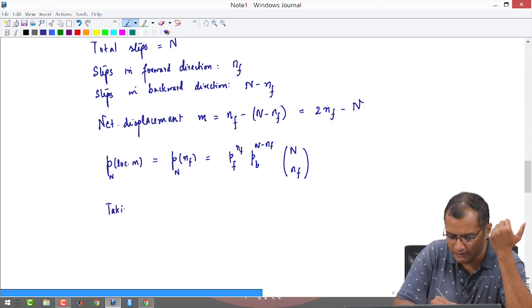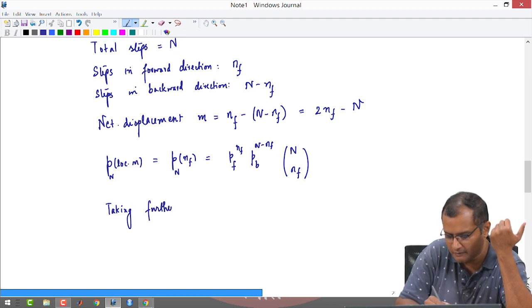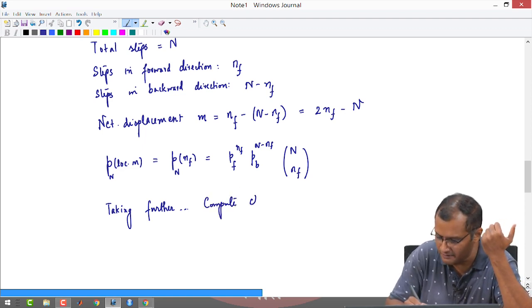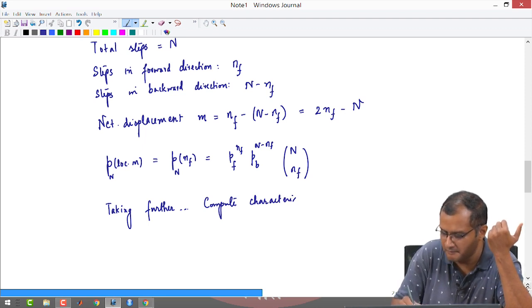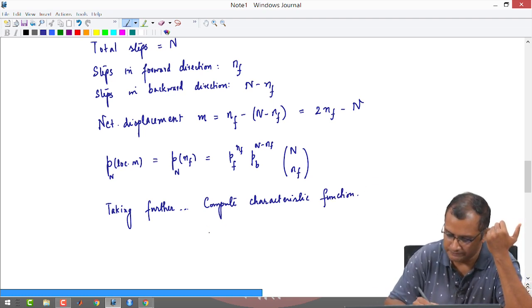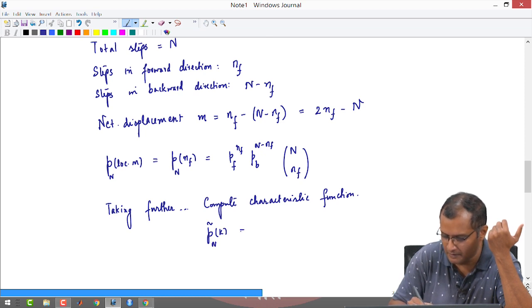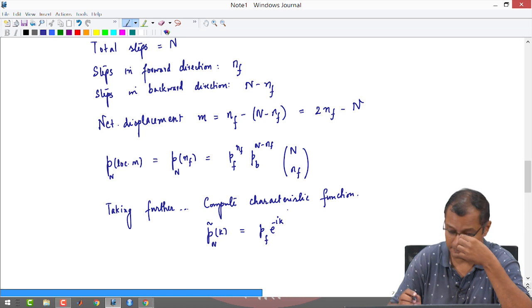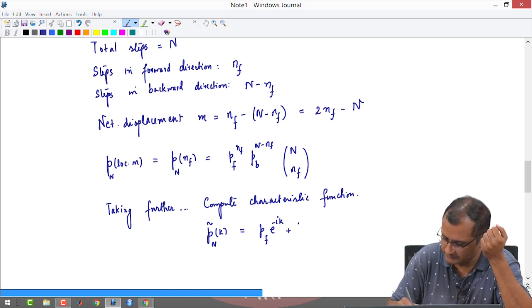Let us take it further. Taking further, you can compute the characteristic function, which is nothing but the Fourier transform of this distribution, and that, as we have already done, turns out to be p forward e raised to minus ik plus p backward, to the power N. Okay.